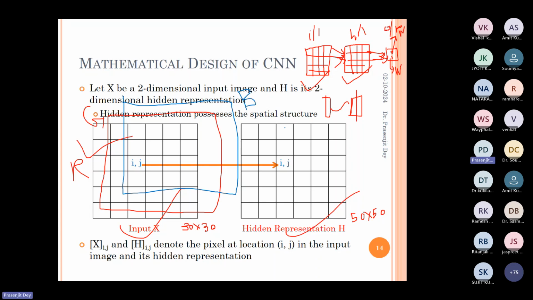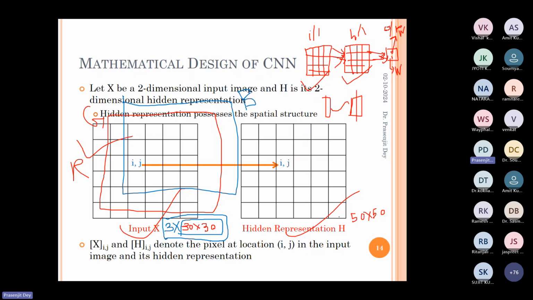So how many matrices are there? Each pixel has a value with respect to red, green, and blue. So this will be your input representation. Now the input will be a three-dimensional entity, not two-dimensional.